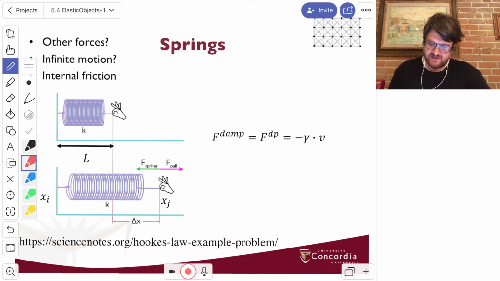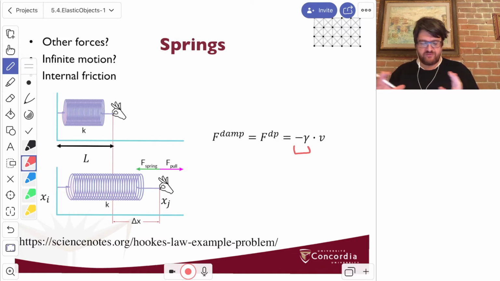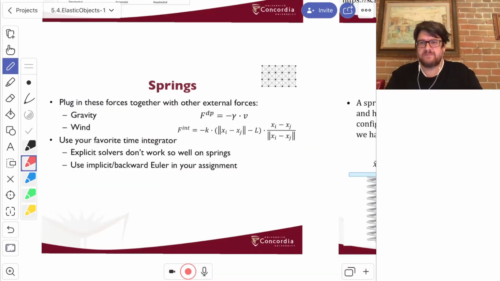So it's just the velocity times a damping constant, which is this one here. If we want the system to have more damping, to go faster to the equilibrium pose, we put a high number here. So this is proportional to the velocity, right? So the higher the velocity, the larger the damping force.